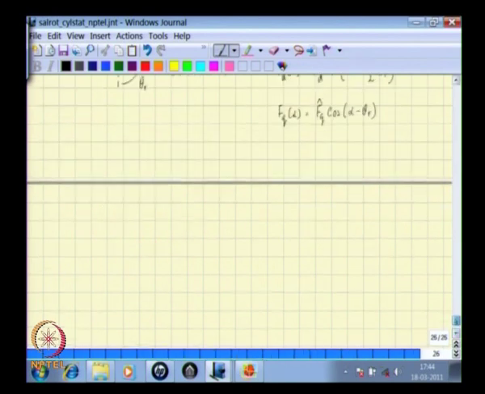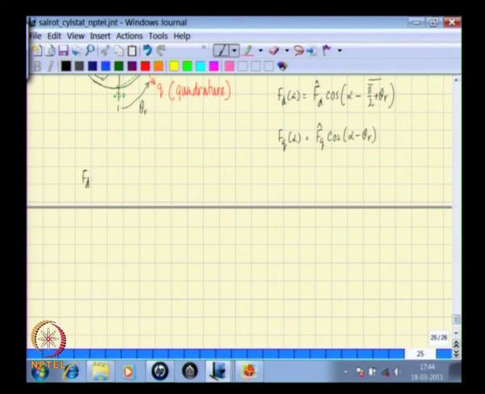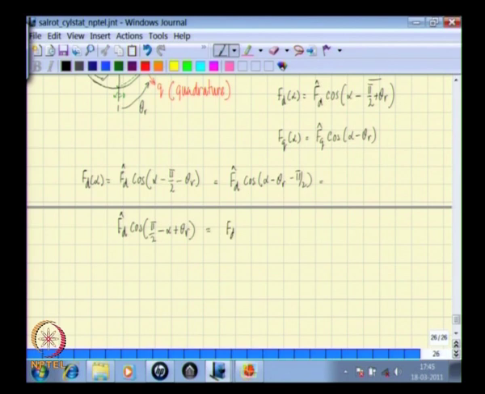So, we can write this as f d of alpha equals f d hat multiplied by cos of alpha minus pi by 2 minus theta r, which is f d hat multiplied by cos of alpha minus theta r minus pi by 2, which is f d hat multiplied by cos of pi by 2 minus alpha plus theta r, which is equal to f d hat multiplied by, this is cos of 90 minus theta.